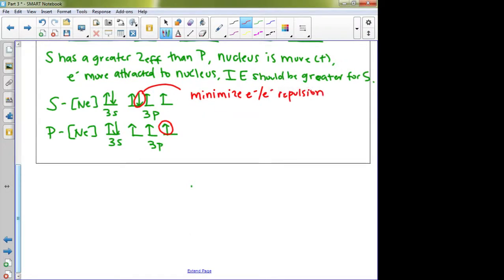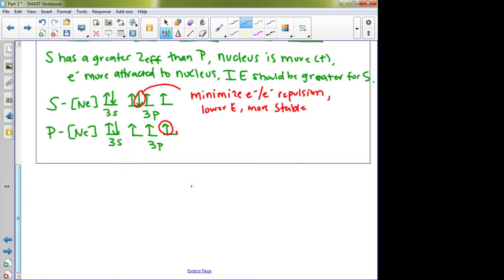Why do we want to minimize electron-electron repulsion? Because we want to lower the energy so we become more stable. So that's why sulfur is willing to part with this electron easier than phosphorus is willing to part with this one, even though sulfur has a higher effective nuclear charge.